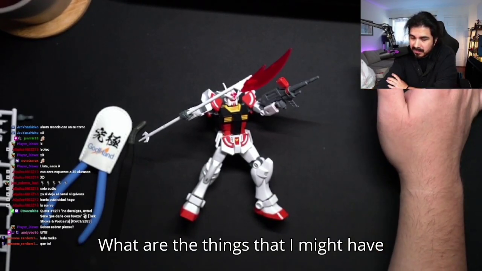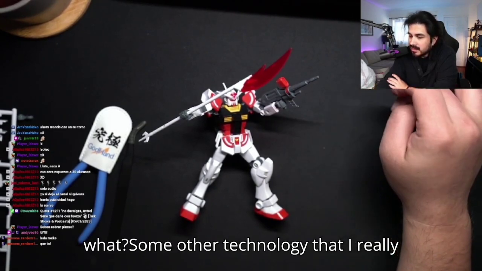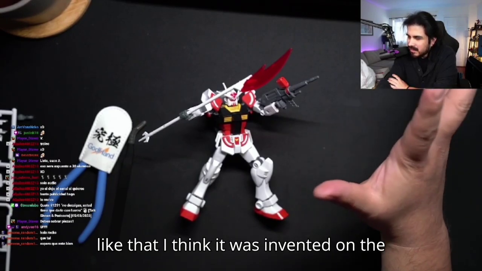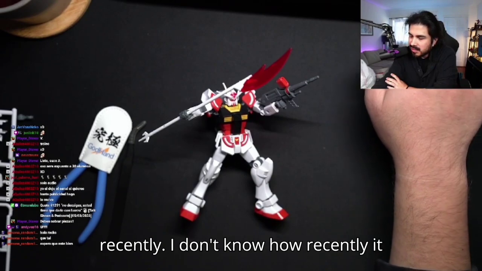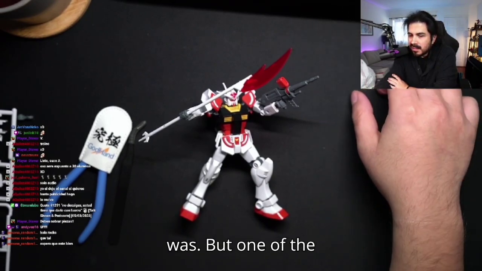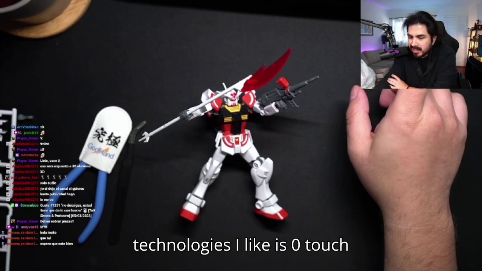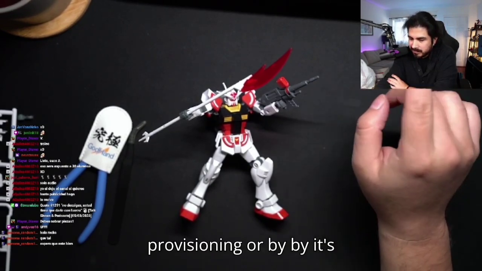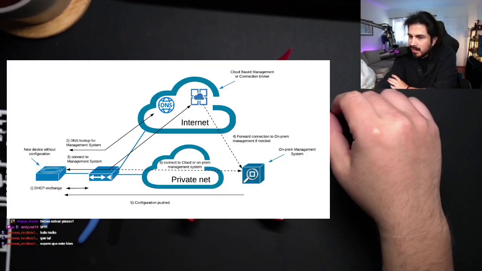What other thing might I have found interesting? Oh, you know what? Some other technology that I really like, that I think was invented in the past 20 years, or at least recently, I don't know how recently it was. One of the technologies I like is zero touch provisioning, or by its acronym, ZTP.